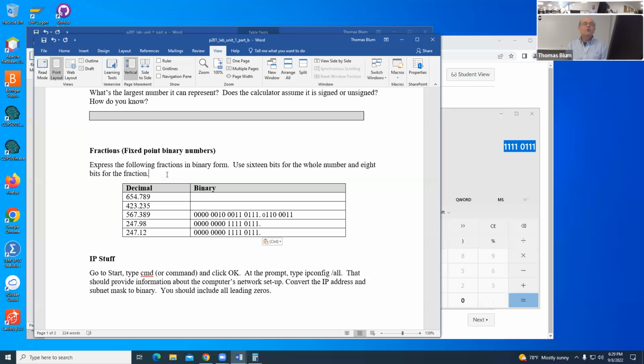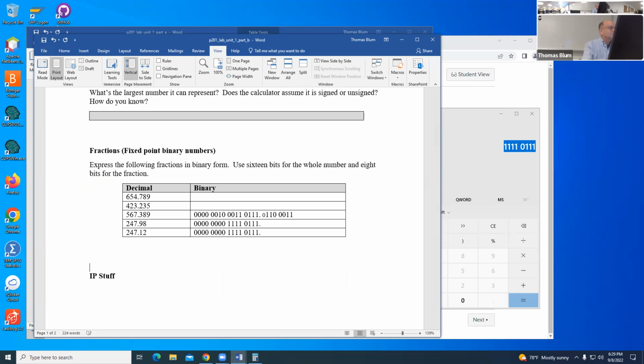If I were playing that game with 0.98, the algorithm we first wrote down was to multiply by 2 and get 1.96, pretend I know how to multiply. I take that 1, the first bit after the dot, and then multiply the 0.96 by 2.